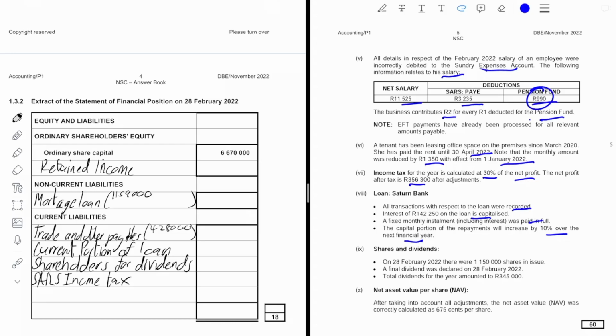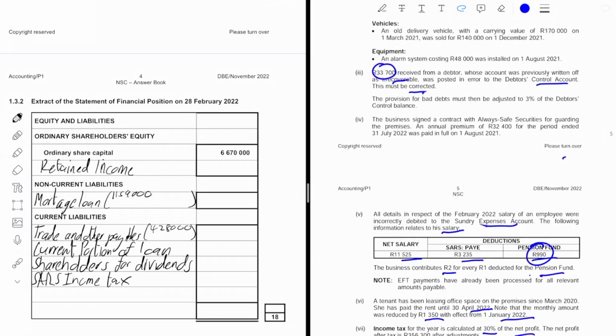I think it's quite good to understand the flow of the loan and how this works exactly. So my closing balance of my loan will equal my opening balance plus my interest, which is capitalized, and then we will have to subtract any payments that are made onto this loan, so minus my installments. We can use this to work out what the installments we made were.